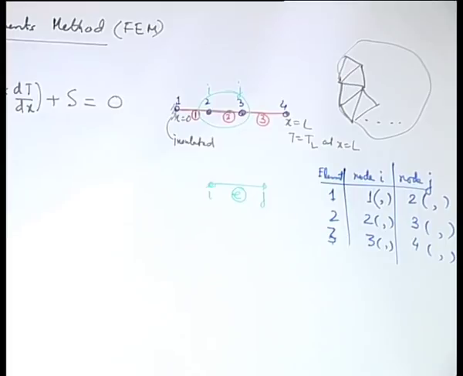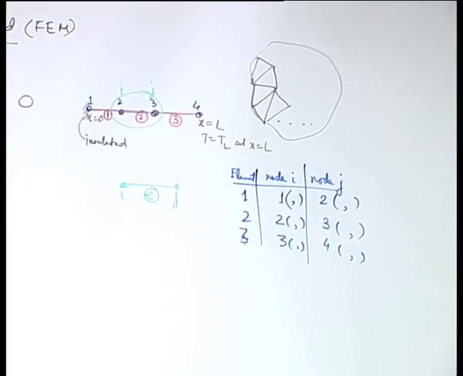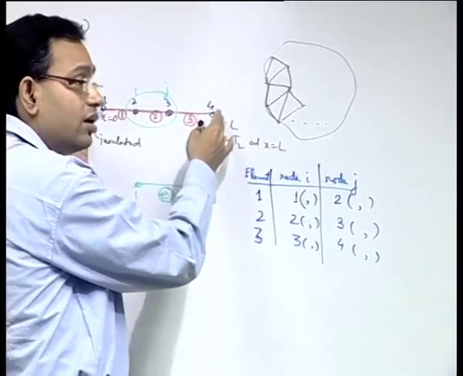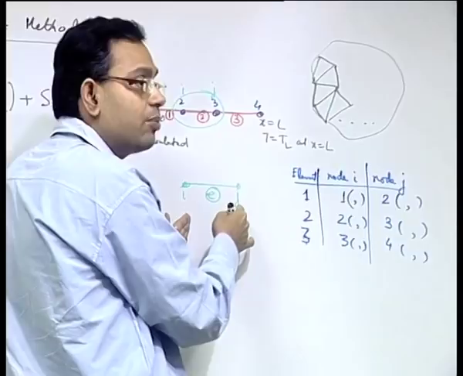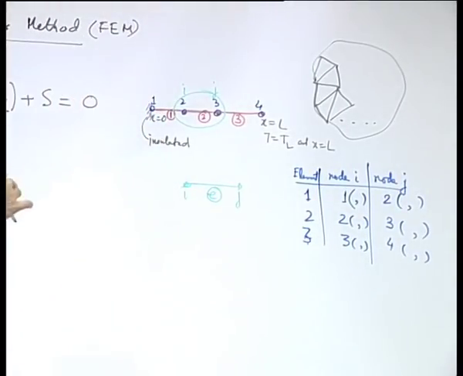So, we will start with the basic principle of the Galerkin's method. The first step will be to multiply the governing differential equation with a weighting function and then integrate it, not now over the whole domain, but over each subdomain, that is over each element, and then sum that effect up over all the elements.